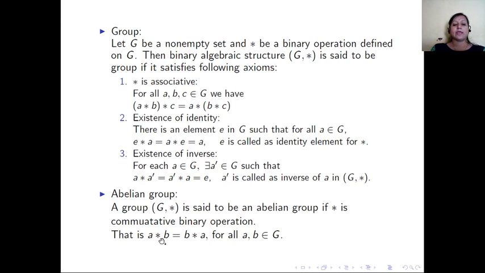That is, A star B must be equal to B star A for all A, B belongs to G. So to be an abelian group, first of all, it must be a group. So it satisfies these four properties. Star is a binary operation, star is associative, then identity element exists, then inverse of each element exists, and together with this it satisfies this commutativity property. Then it is called as an abelian group.